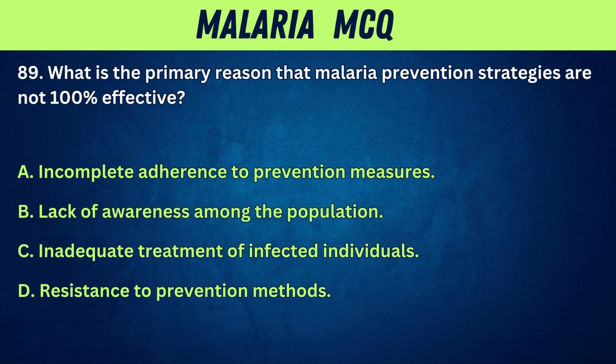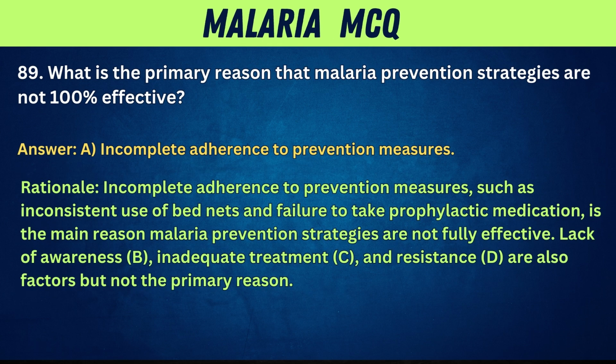89. What is the primary reason that malaria prevention strategies are not 100% effective? A. Incomplete adherence to prevention measures. B. Lack of awareness among the population. C. Inadequate treatment of infected individuals. D. Resistance to prevention methods. Answer: A. Incomplete adherence to prevention measures.